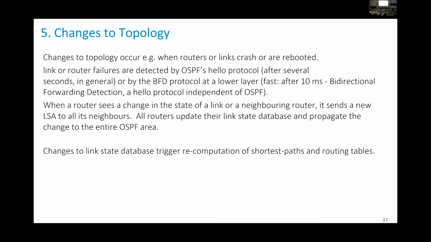Last, one of the most important things that routers must do when they use OSPF, the value of OSPF, is to be resilient to changes. Changes to the topology, which may occur because a router crashes or a link crashes, or also a router is added.